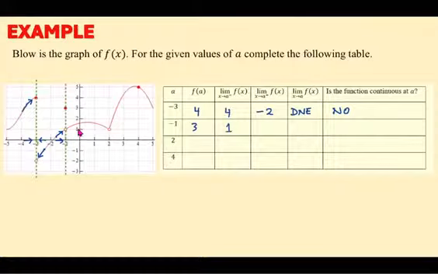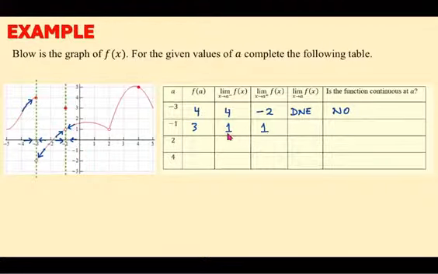And then let's find the limit from the right, the right-hand limit. So when x approaches 1 from the right, the graph is going closer and closer to that hole there. So from the right also, the limit is 1.